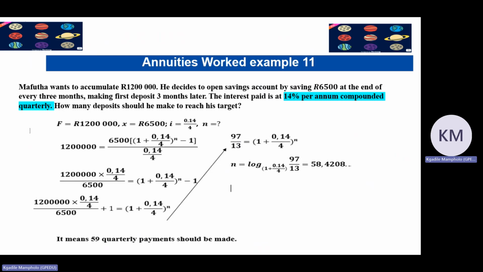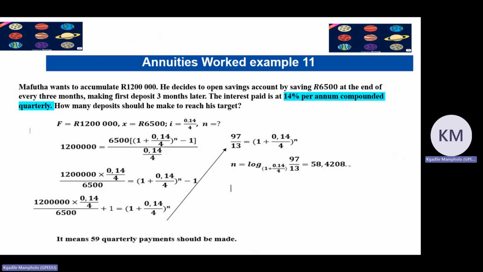It will be closer, but it will not be 1,200,000. So for him to be safe, for him to reach the target, 59 payments must be made. If we make equal payments of 6,500, it will be a bit over 1,200,000, but it will not be less.